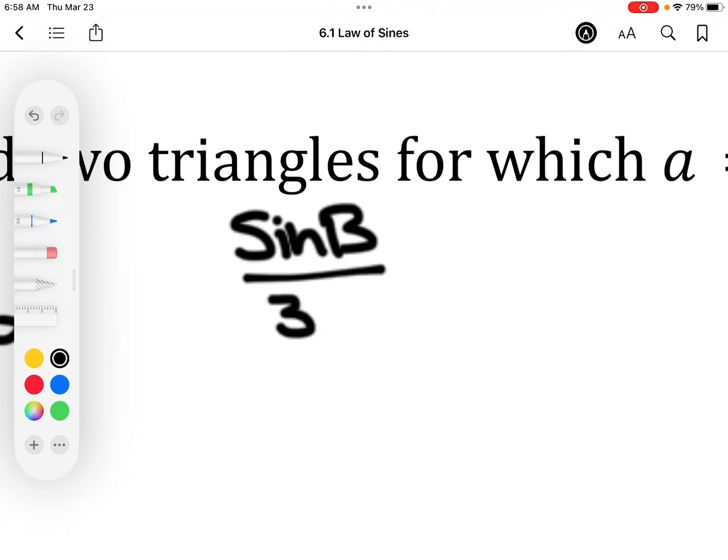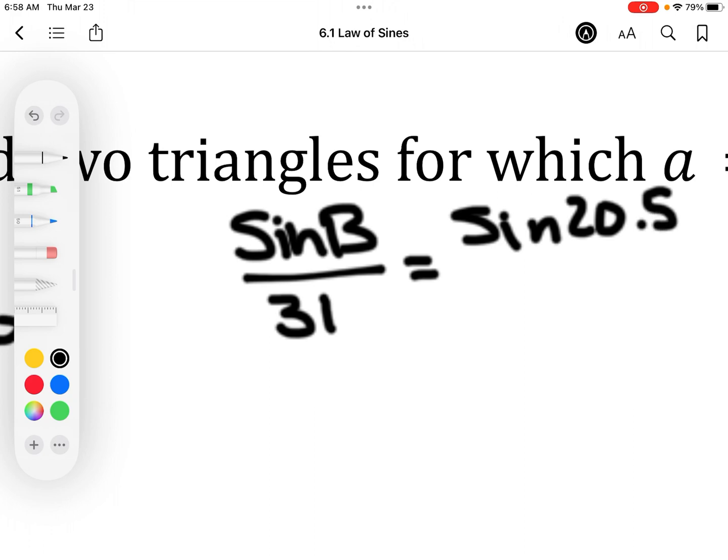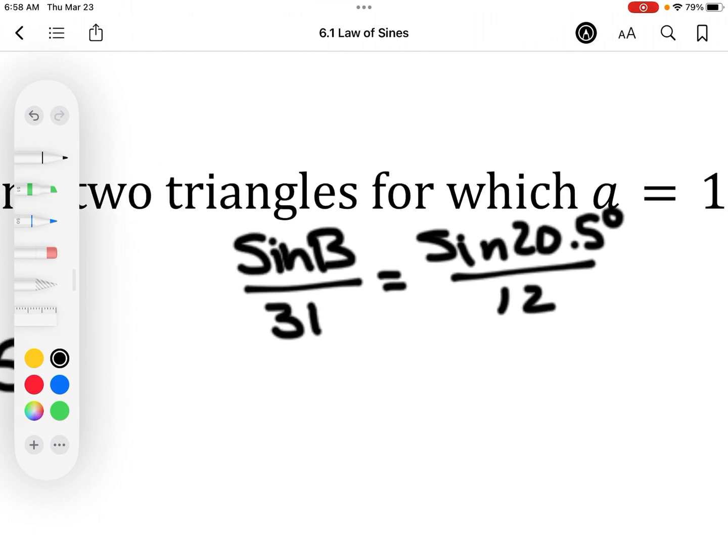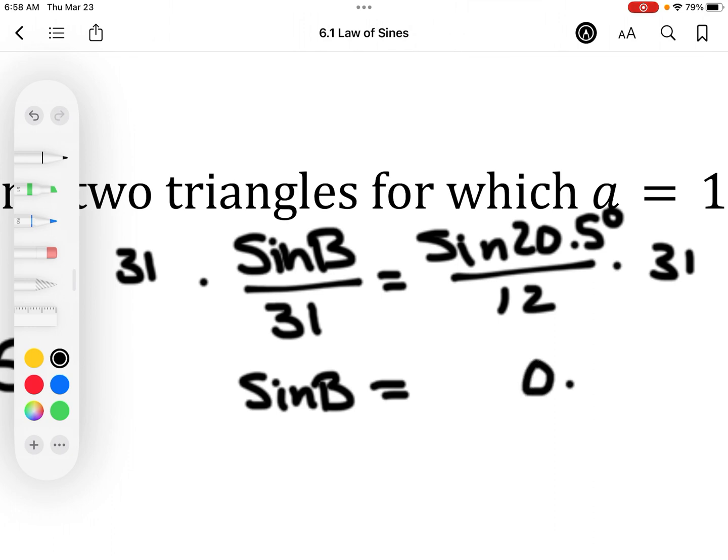So the sine of B over 31 is the sine of 20.5 over 12. We're going to multiply each side by 31. Sine of B then is equal to this decimal.